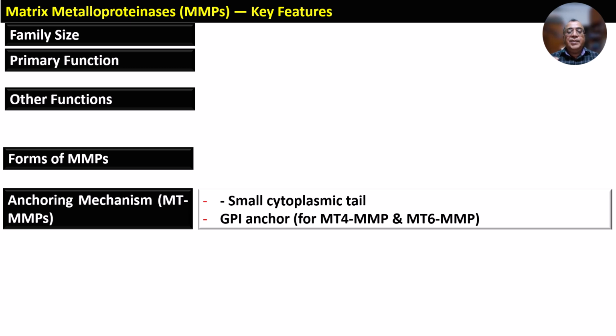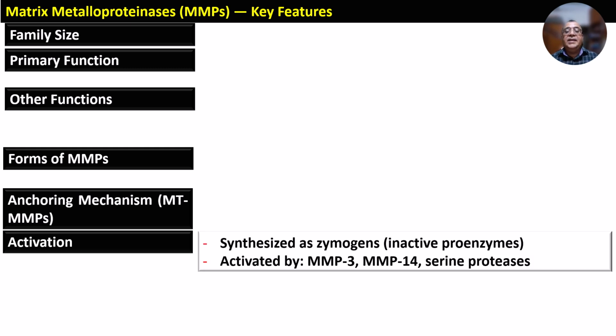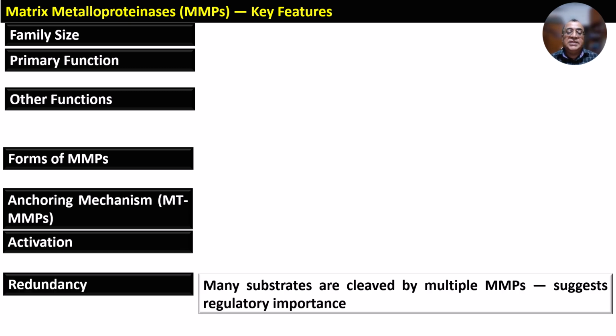The anchoring mechanism of these membrane type is by the small cytoplasmic tail, and there is a glycosylphosphatidylinositol anchor especially for MT4-MMP and MT6-MMP. They are synthesized as zymogens and present as inactive proenzymes and activated by MMP3, 14 and serine proteases.